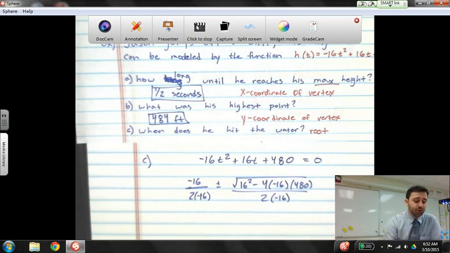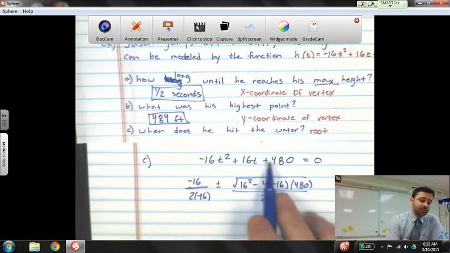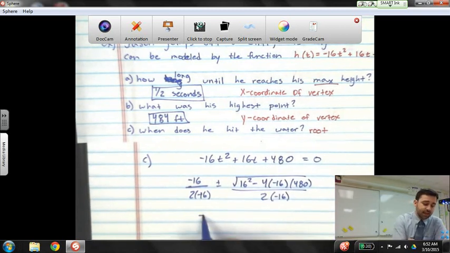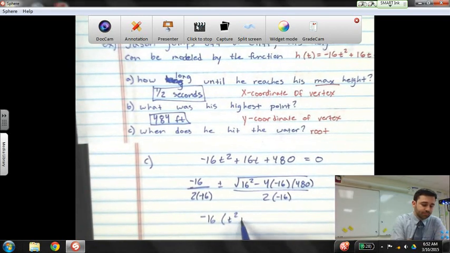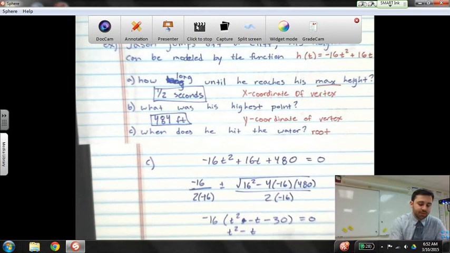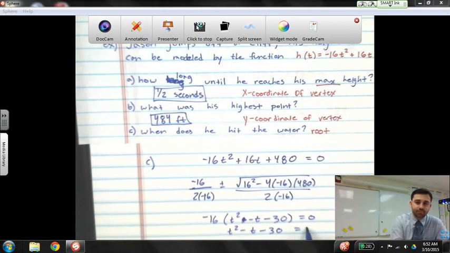So look back in your original equation and look to see if you can factor out a GCF. In this case, I can factor out a negative 16, which would leave me with t squared minus t minus 30.